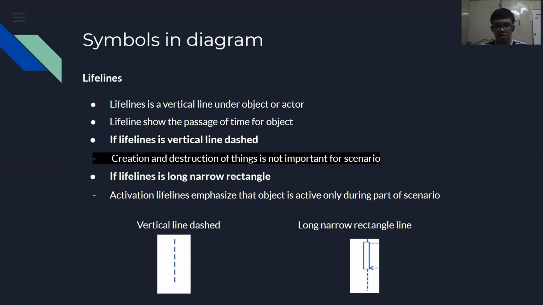If the line is a dashed vertical line, as shown in the figure on the left hand side, the creation and destruction of things is not important for the scenario. If the lifeline is a long, narrow rectangle, as shown in the diagram on the right-hand side, the lifeline emphasizes that the object is active only during part of the scenario.